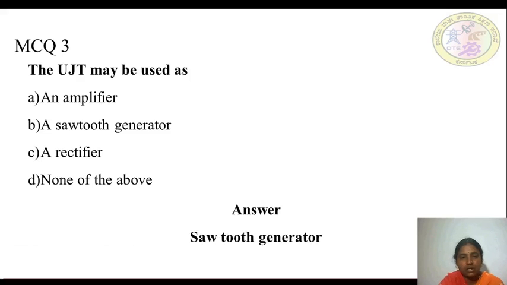The answer is sawtooth generator. So sawtooth type waveforms will be obtained. UJT is not used as an amplifier or a rectifier, but we can use it as a sawtooth generator depending upon the waveforms obtained from the UJT pulses.